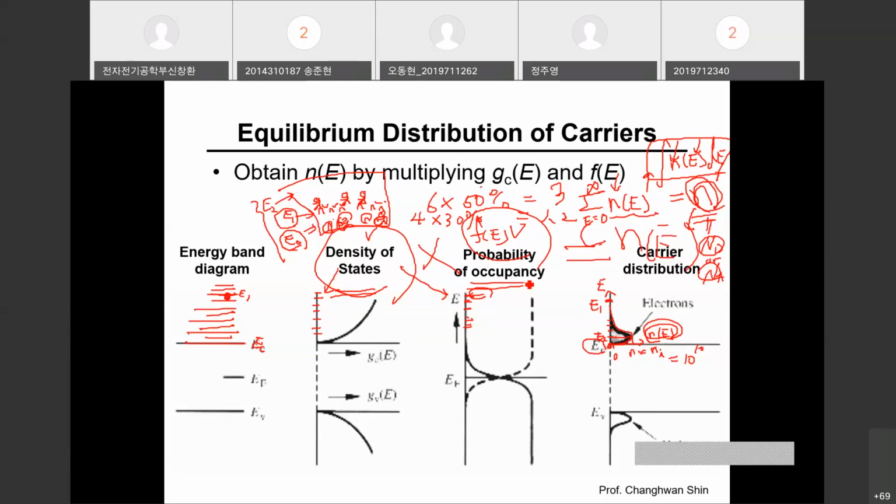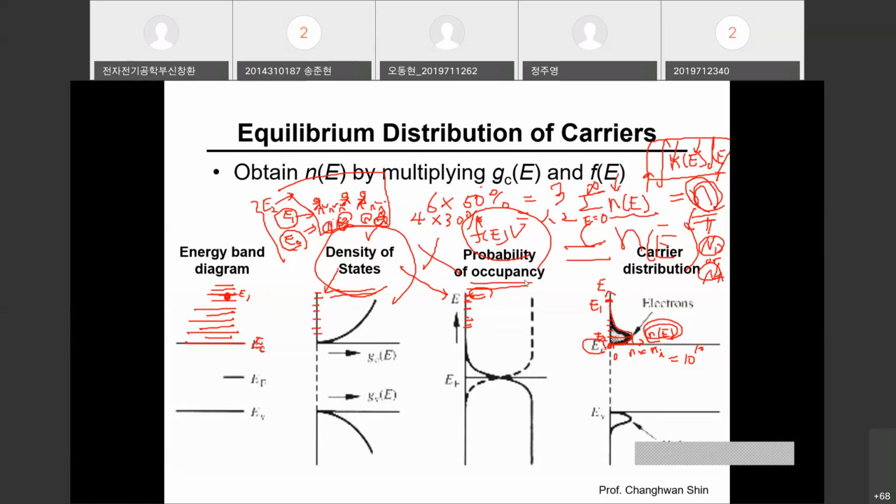Okay, so I guess time's up. Please read chapter 2 to understand the equilibrium distribution of electrons in the conduction band, with the understanding of density of states and probability of occupancy.